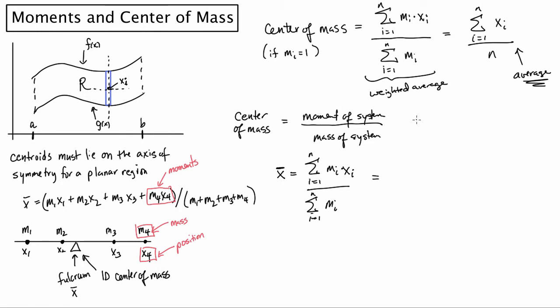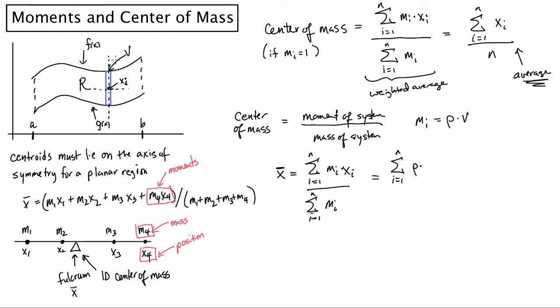Well, in any system, we know that there's a law that relates the masses to the density and the volume. So for this particular problem, the masses would be rho times the volume. And what is the volume? So I'm looking for the volume of this piece.